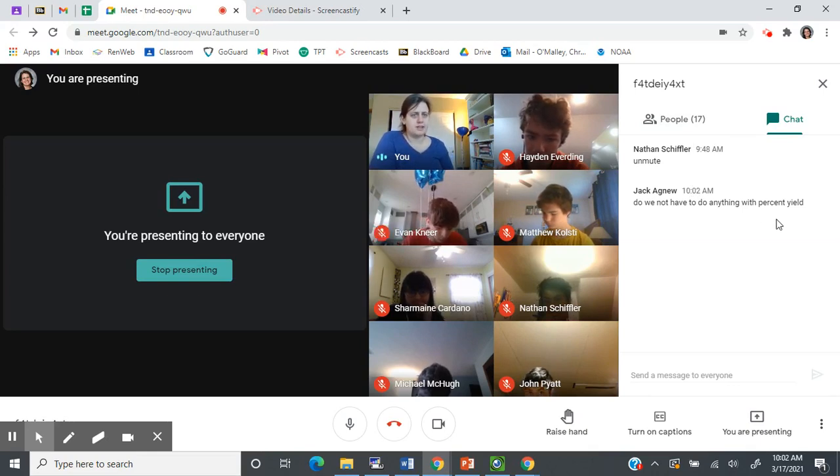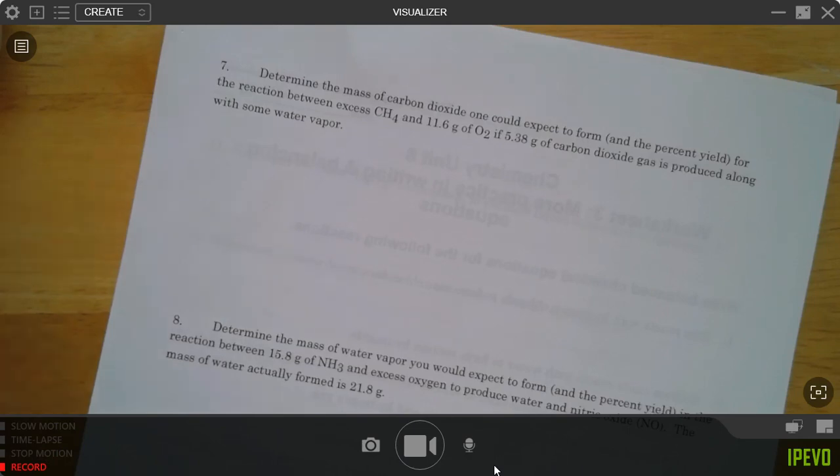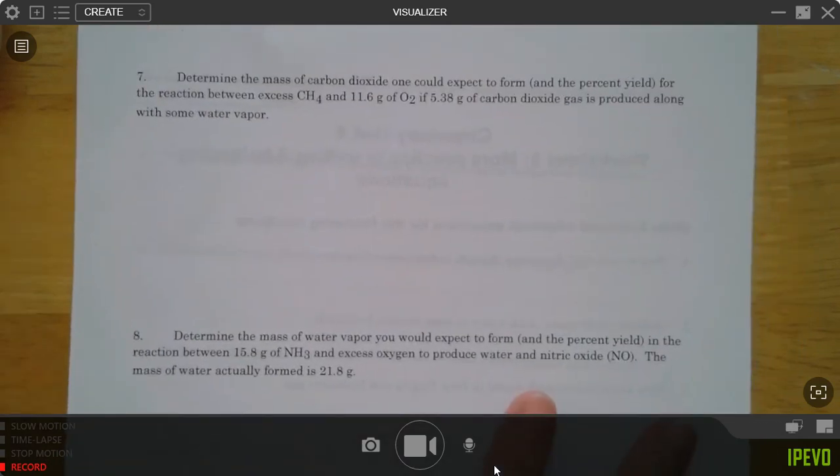Okay, Jack says, do we not have to do anything with percent yield? So percent yield is stuff that shows up later. So I'm not sure if you guys can see this or not. I just have a box that says you're presenting on my screen. I can't actually see what I'm presenting.